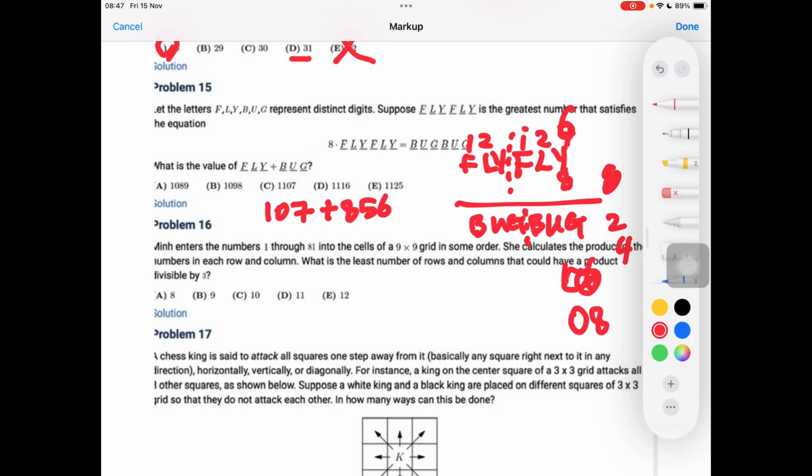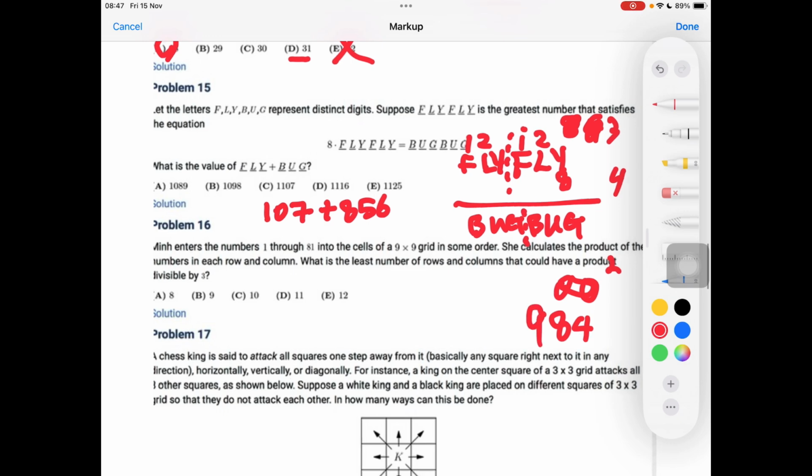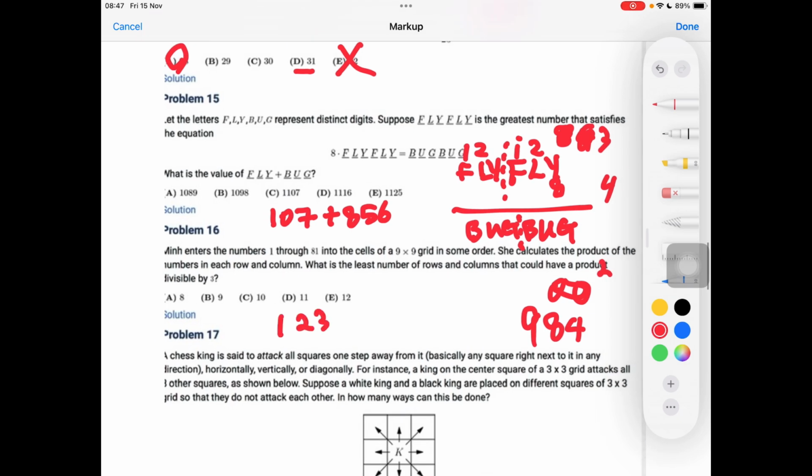Yeah, because it has this leftover, which is 2. So 6 cannot be. So 5. No. 4. No. 3. Yeah, now we have it. So the number is 123 plus 984, which is the largest number for FLY, 123.